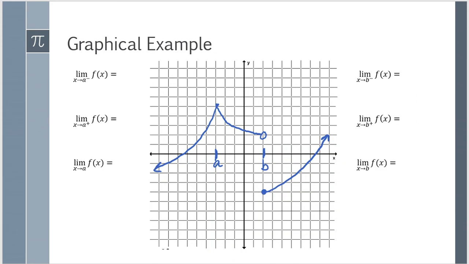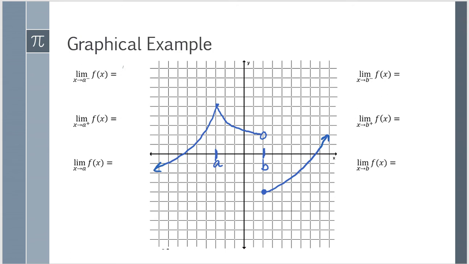So kind of a graphical example of calculating these: here I have a graph, we'll call this the function f. I have a and b. On this, the limit as x approaches a from the left, well, as I move from the left, here I am at 0, 1, 2, 3, 4, 4.5, 4 3/4.